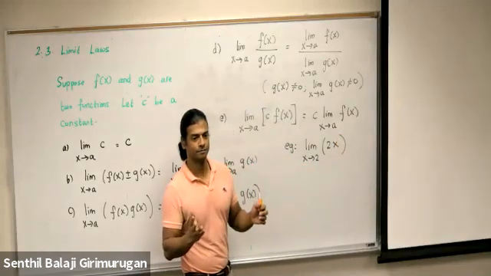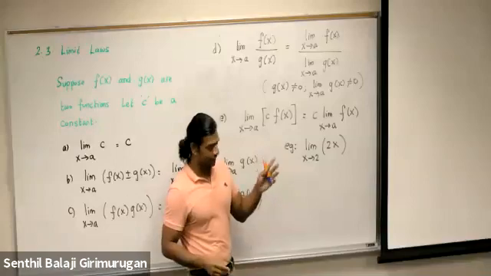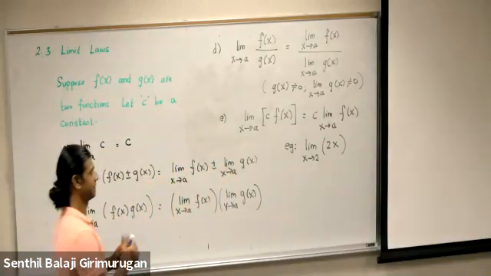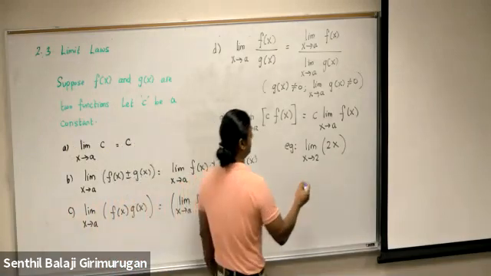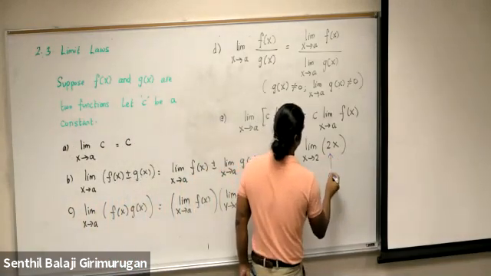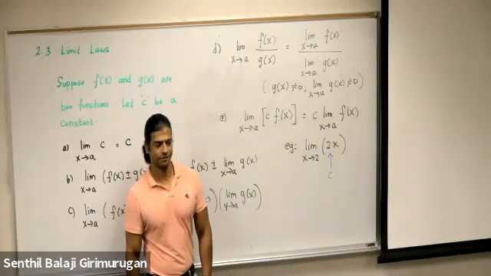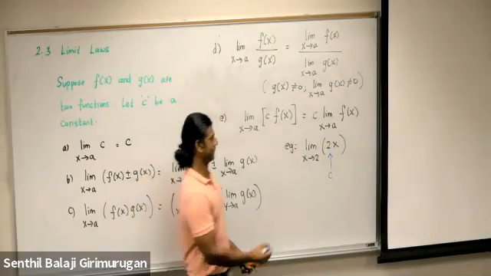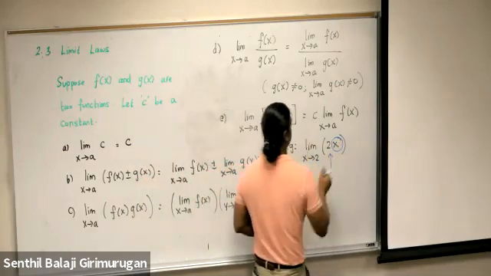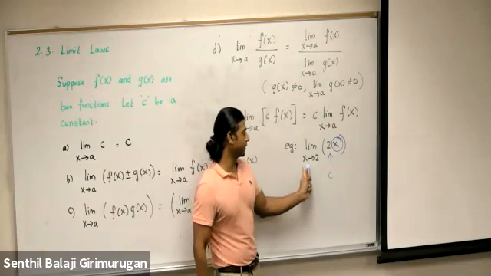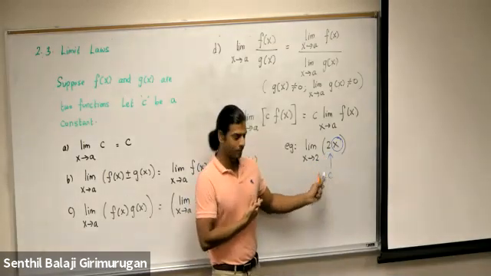Yes. Now, what is the constant in that expression? 2. What is the function in that expression? X. So when I apply this limit, it's not going to do anything to that 2.